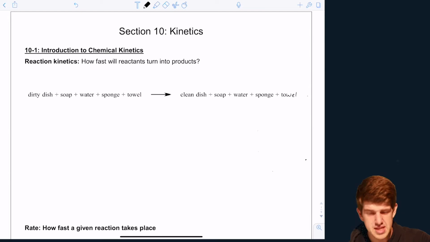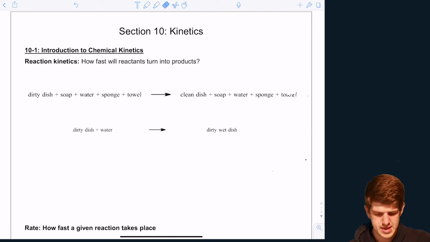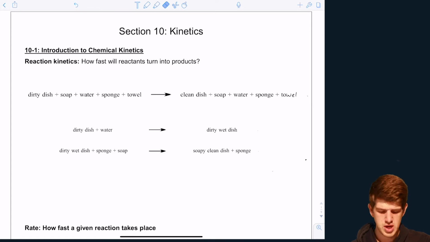The way that this is really going to work is in 3 steps for this example. The first step is I have to wet the dish, and then I'll have a dirty, wet dish. Then after I wet the dish, I can use a sponge and soap and make it a soapy clean dish.